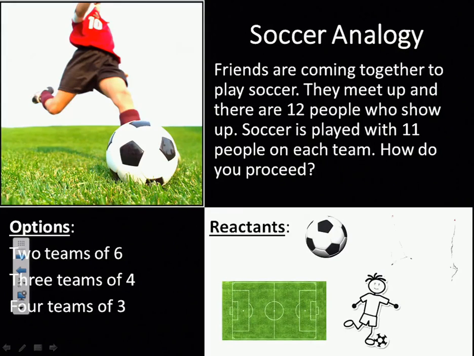If we really wanted 4 teams of 3, we'd have to make sure we had enough reactants available to do that, which would mean we'd need 2 soccer balls, 4 nets, 2 fields, and then the same 12 people we have. Whenever you're doing a chemical reaction, it's the same process. You want to make sure you have enough of everything available in order for the reaction to proceed.